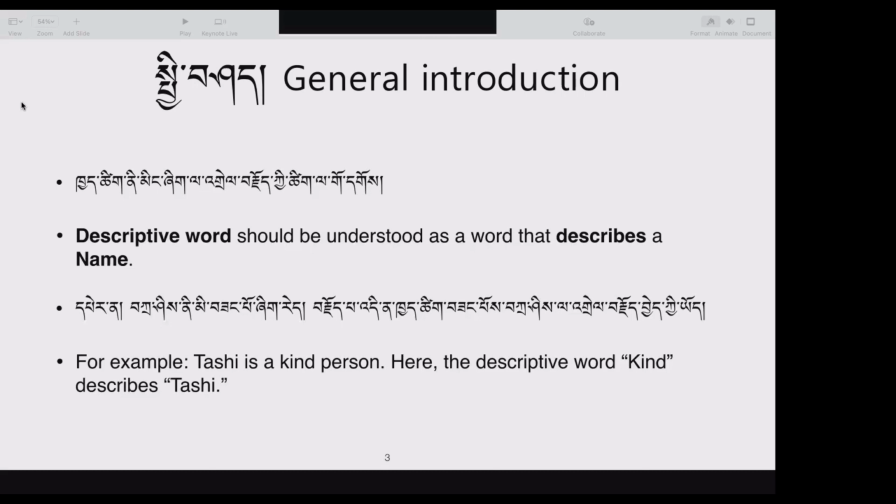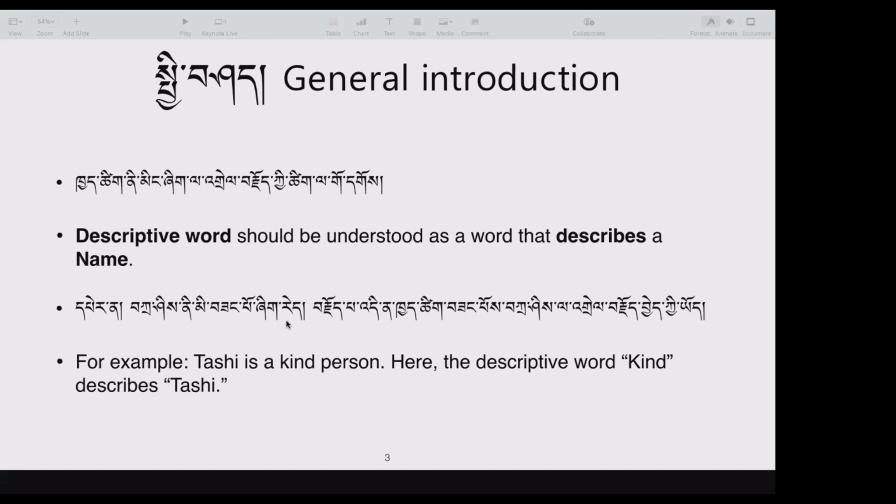Okay, let me read this again. For example, Tashi is a kind person.